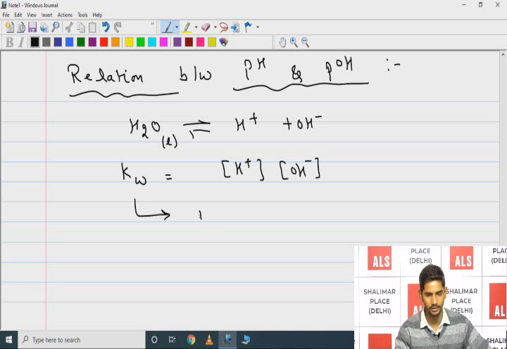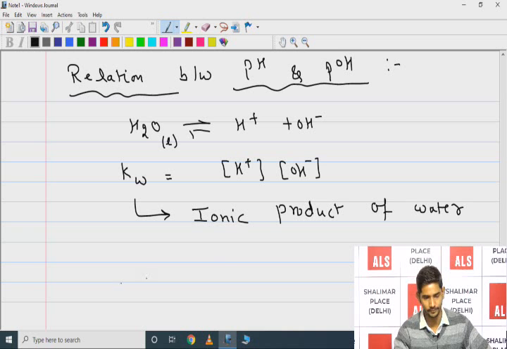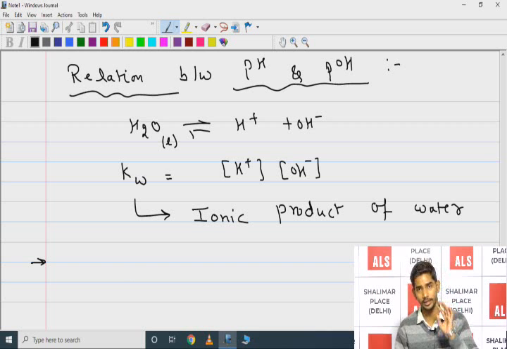Now this is known as the ionic product of water. Guys, the important point, the value of Kw depends only and only on the temperature. If you change the temperature, then Kw can change, otherwise it would not change.